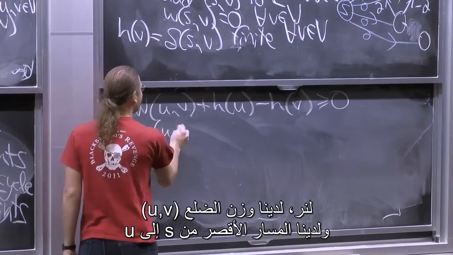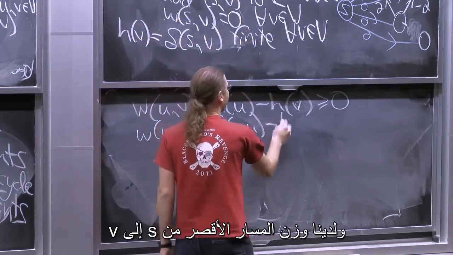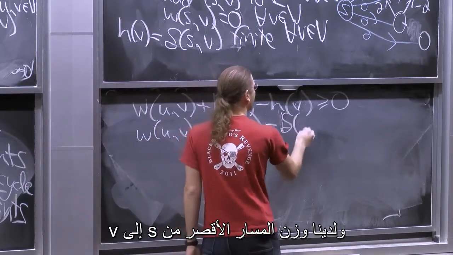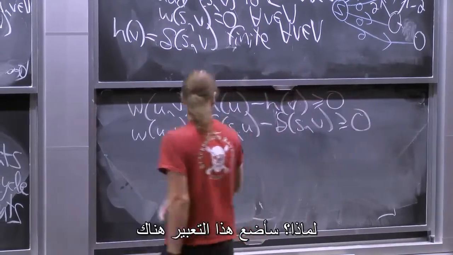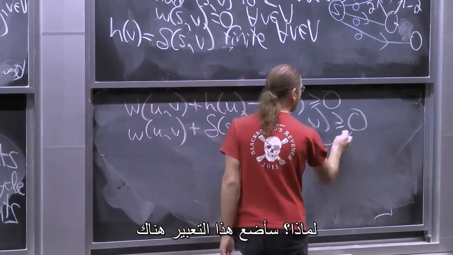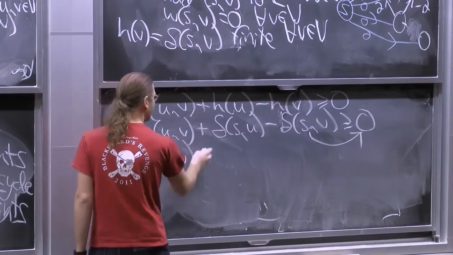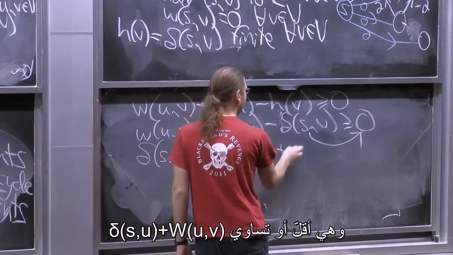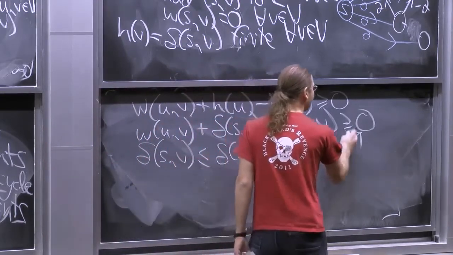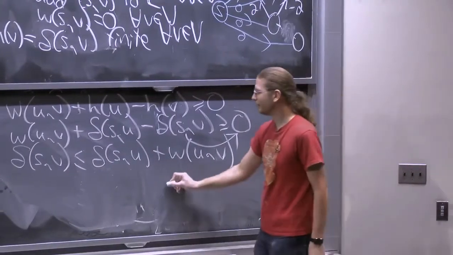We have weight of UV, the shortest path from S to U, and the shortest path from S to V. We want that to be greater than or equal to 0. Why? Put this over there, and I get delta of S comma V is less than or equal to delta of S comma U plus W of UV, which is triangle inequality, which is true.